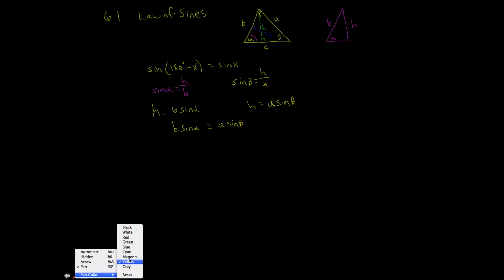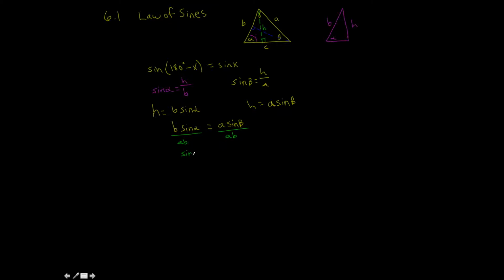Now, here's what I'm going to do. I'm going to divide both sides by AB. And so the b's cancel, so that's going to be the sine of alpha all over A equals the sine of beta all over B. Now this particular proportion that you see here works for C and gamma as well.